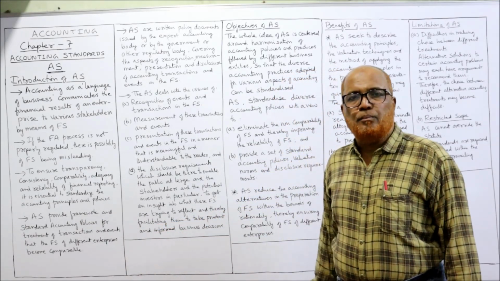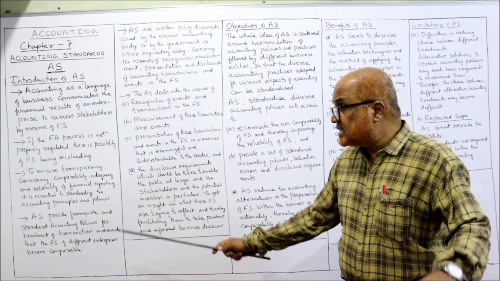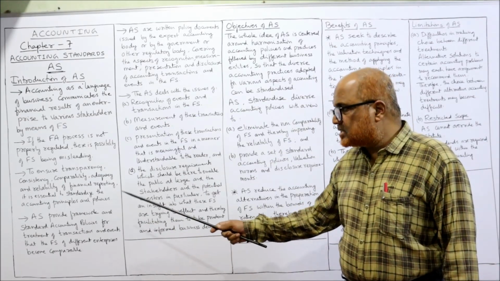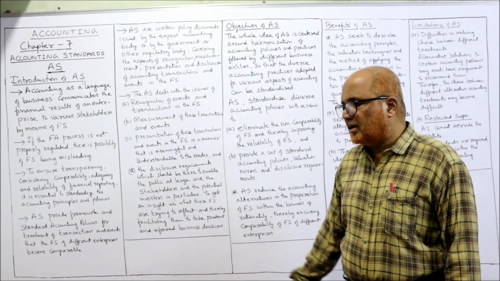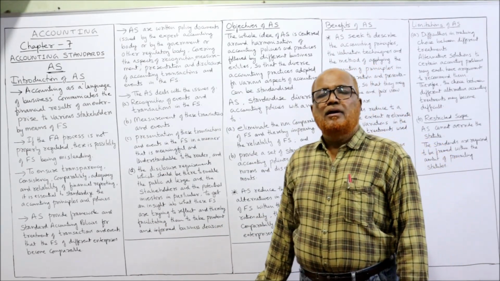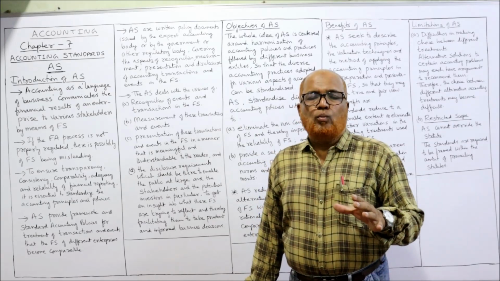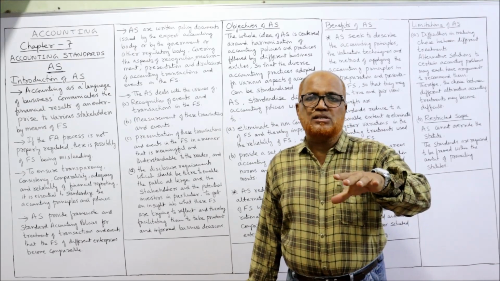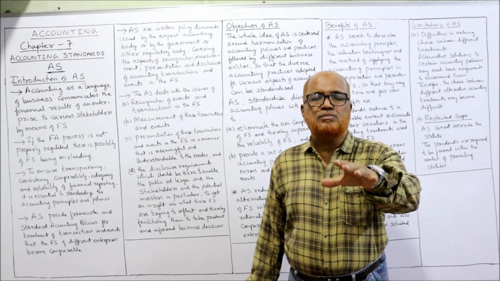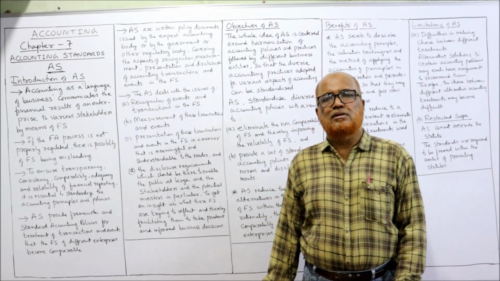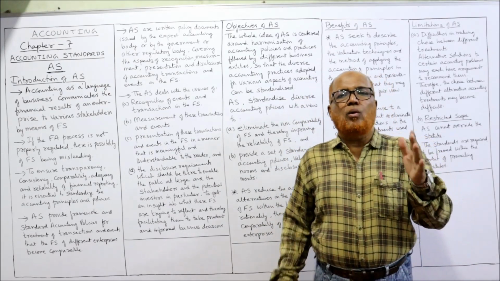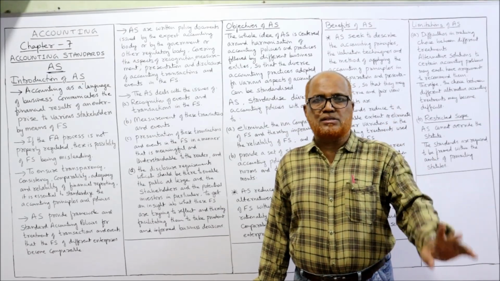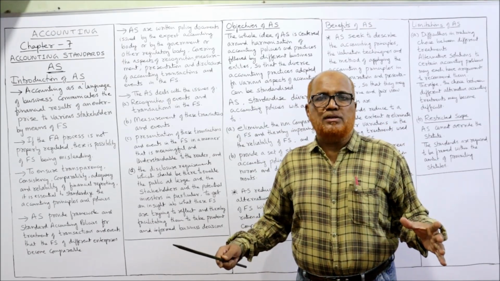Accounting standards provide a framework and standard accounting policies for treatment of transactions and events so that the financial statements of different enterprises become comparable. The only thing we want to judge is whether the business is good or not. We can know whether the business is good only by comparing one business's performance with another's. So comparison is possible only when both businesses follow the same accounting principles and policies.